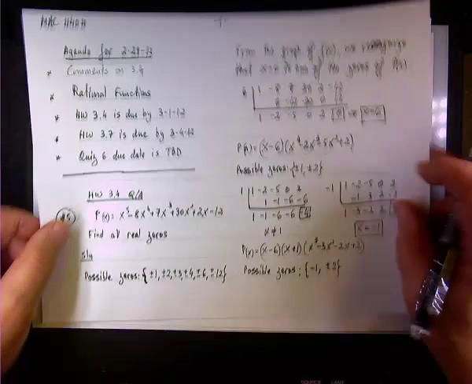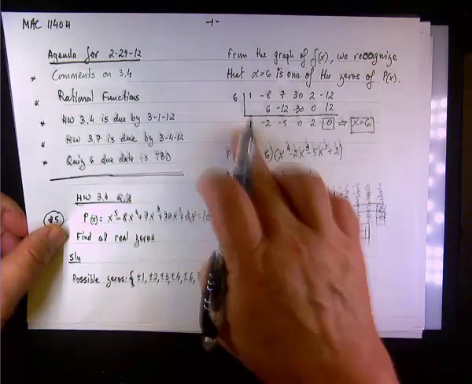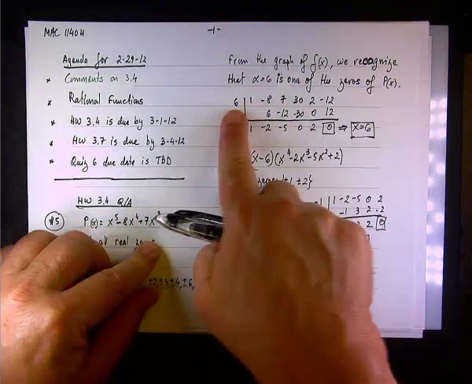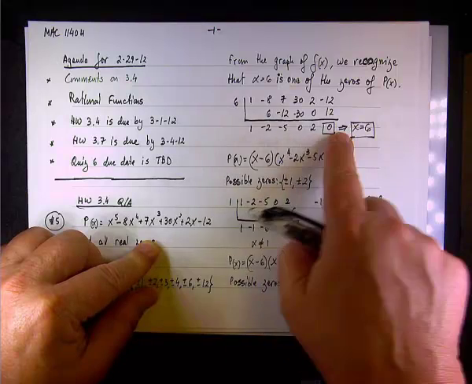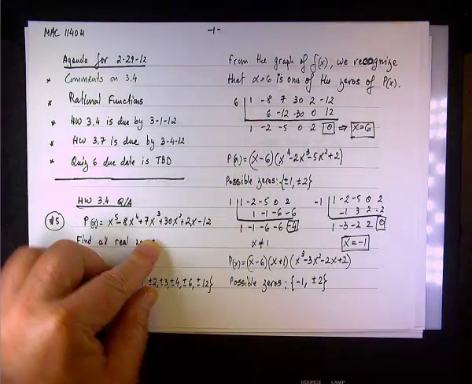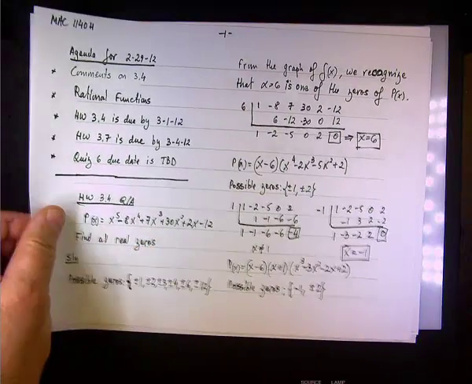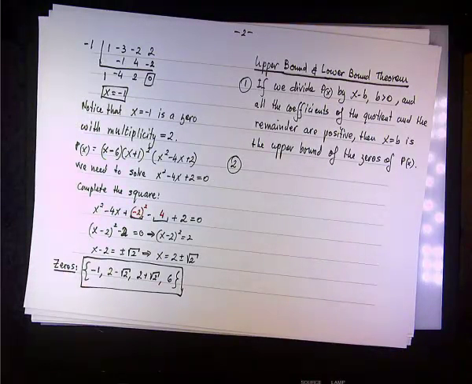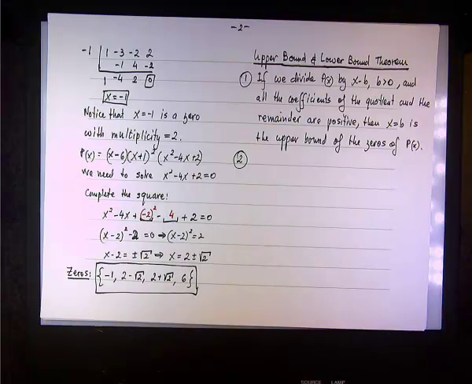Let's go back to where we did it the first time. So if we divide, instead of 6, we have 8. All those coefficients are supposed to be positive, as 8 is more than the most positive zero, 6. So we can choose a number and verify or unverify that it is an upper bound.